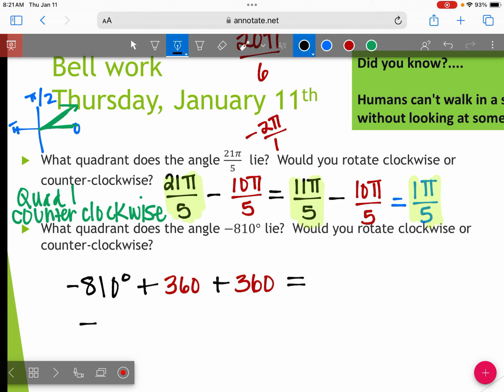So essentially, I'm taking negative 810 plus 720, and that's going to give me negative 90 degrees.